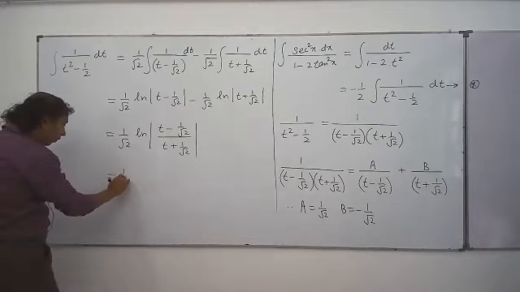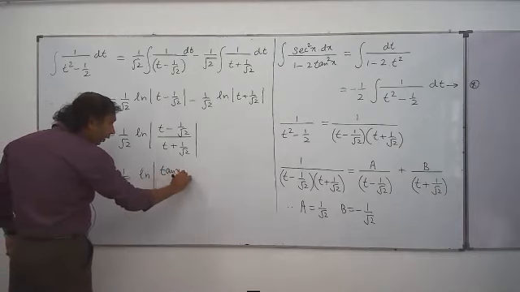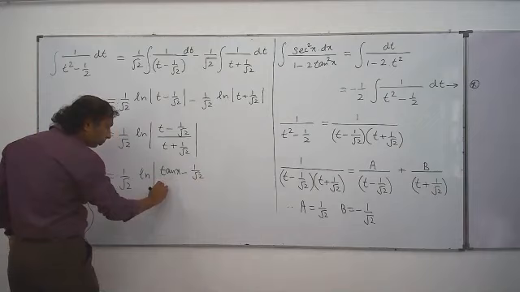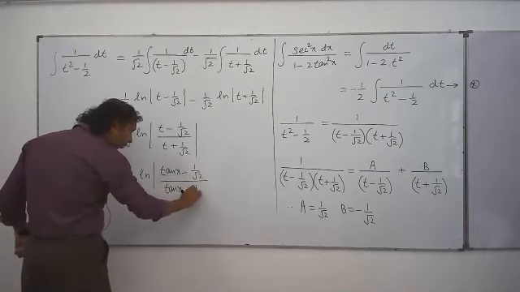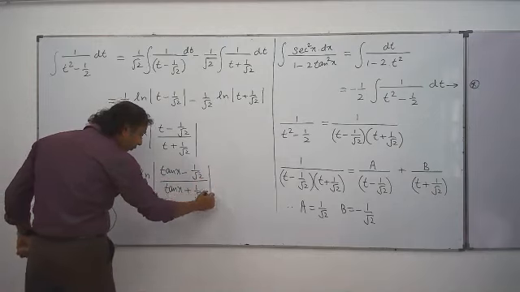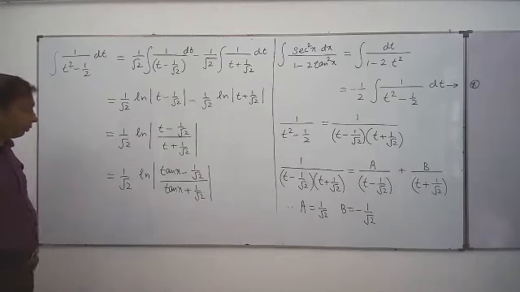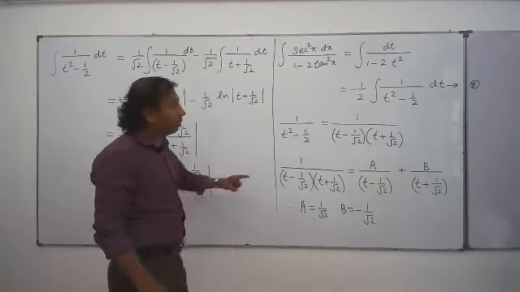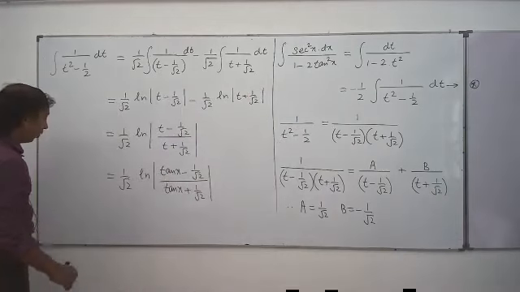Therefore, we can now write 1 over root 2 ln tan x minus 1 over root 2 divided by tan x plus 1 over root 2. Now, people, this is the answer, right? Not this, by star, now we take the answer.